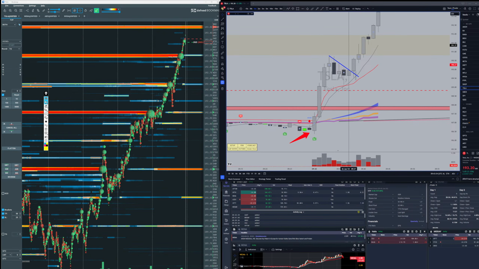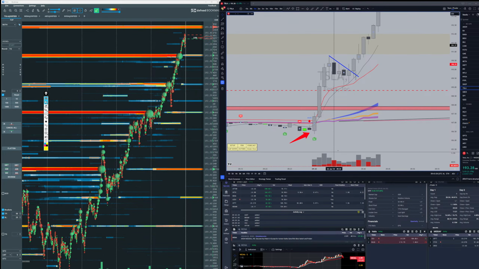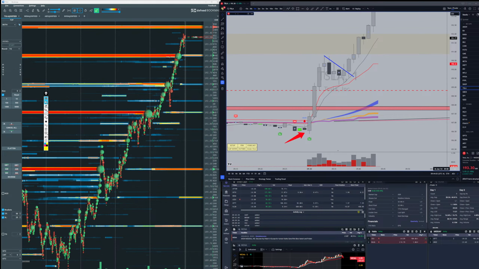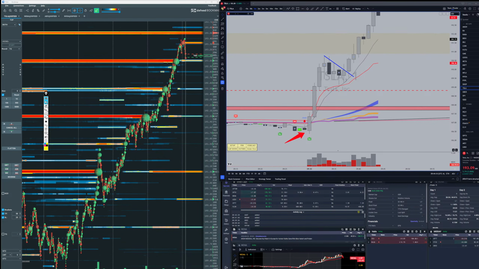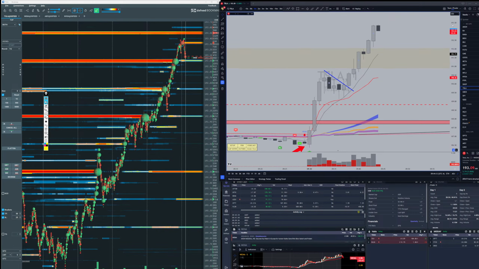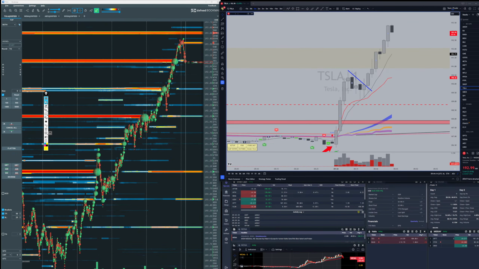Tesla still strong. Try to hold as much as we can. Tesla more, 193.50. What a move there, traders. What a move.